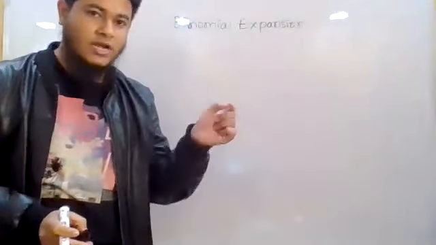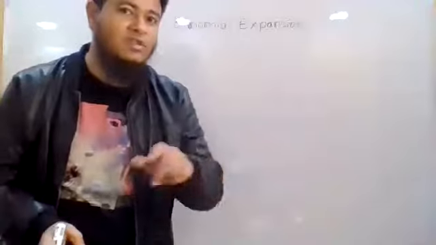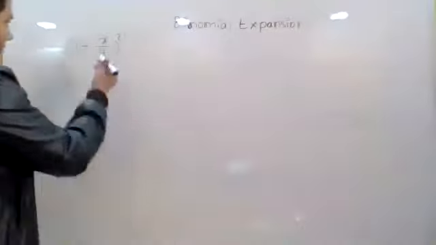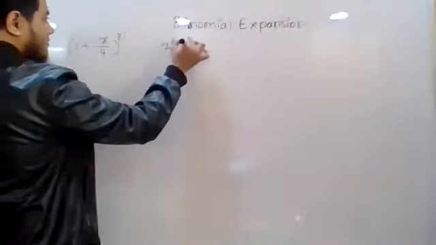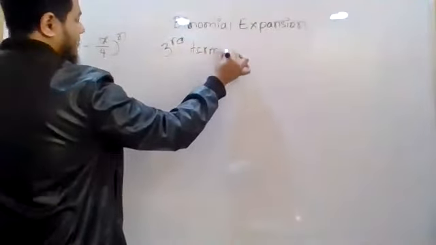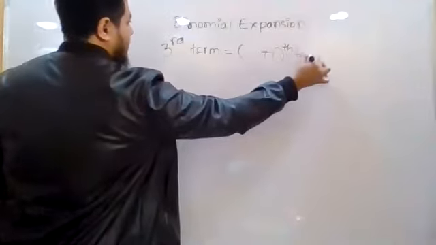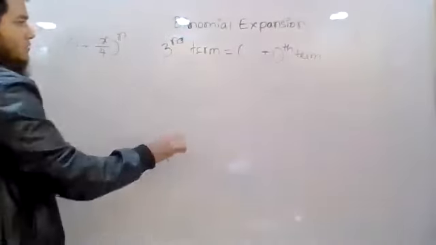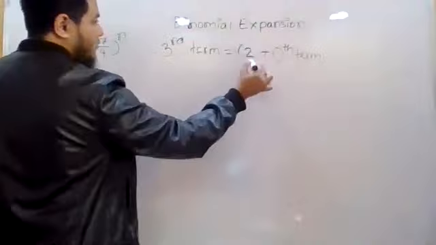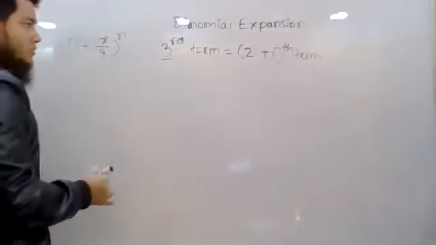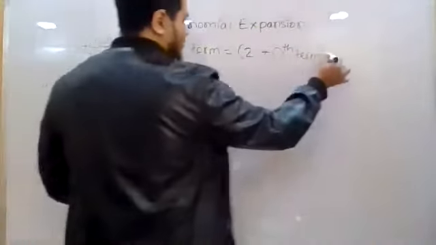Let us try to write the third term without even expanding it. Third term is equal to, I will write the plus 1 term. What I have to write here? I can write 2 so that it becomes equal to 3.